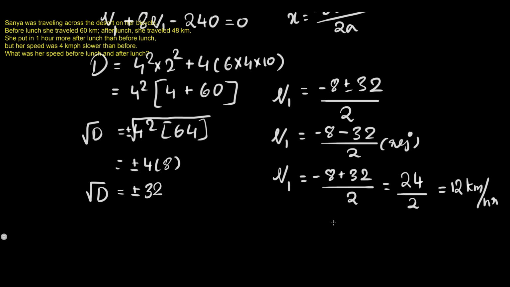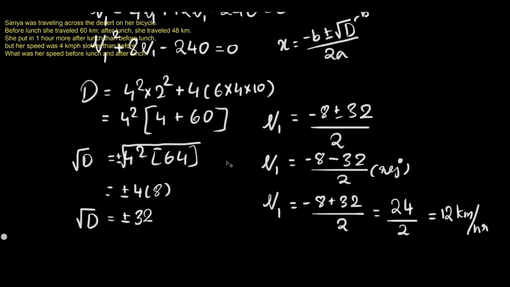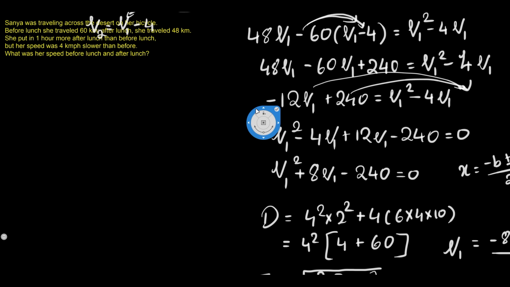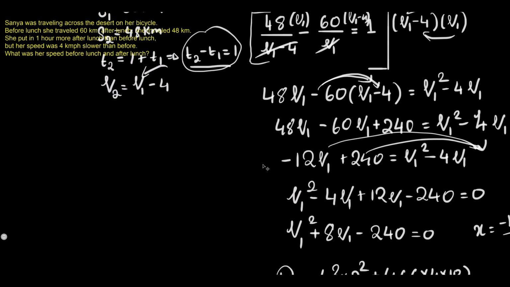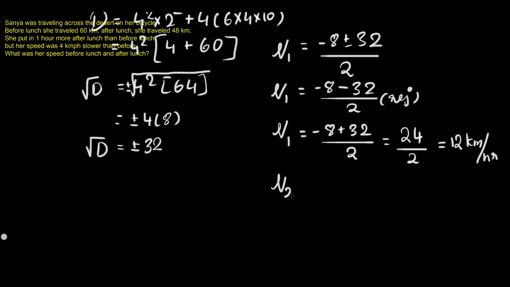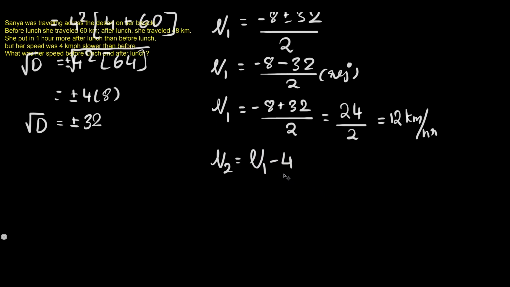Now we have to find the speed after lunch. That's not going to take so much time, and we don't have to use the quadratic formula. We know the formula: v2 is equal to v1 minus 4. Minus 4 is minus 4 kilometers per hour.